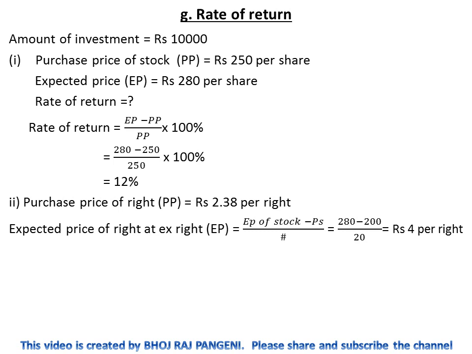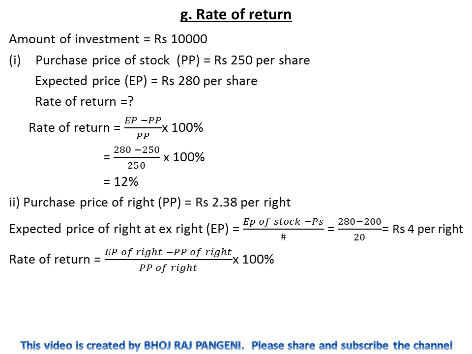It is the expected ex-right price of right. We get rupees 4 per right. It means that after the right offering, the ex-right expected price will be rupees 4 per right, because his price expectation will be valid.